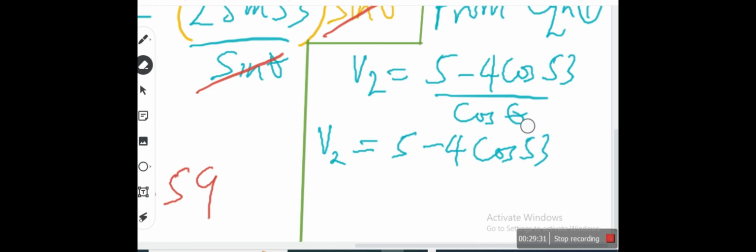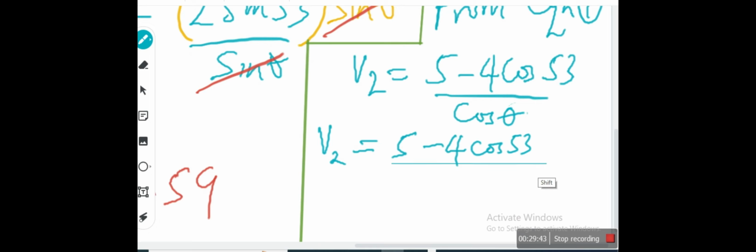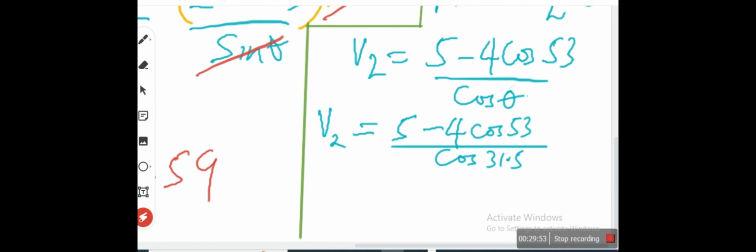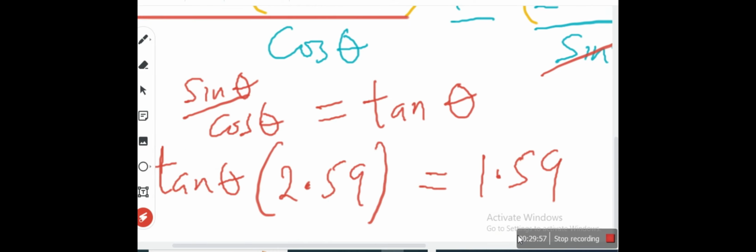4 cos 53 divided by cos 31.5, just substituting theta that we got here. Can you simplify this? You already found 5 minus 4 cos 53 to be 2.59, right?